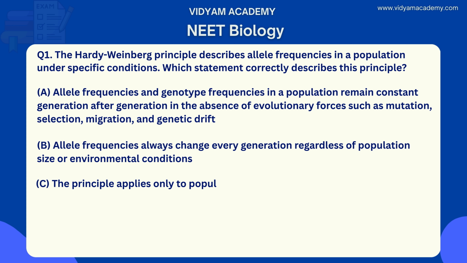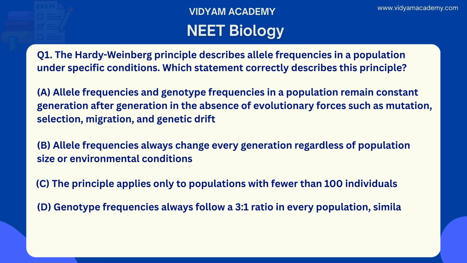Option C. The principle applies only to populations with fewer than 100 individuals. Option D. Genotype frequencies always follow a 3:1 ratio in every population, similar to a monohybrid cross.